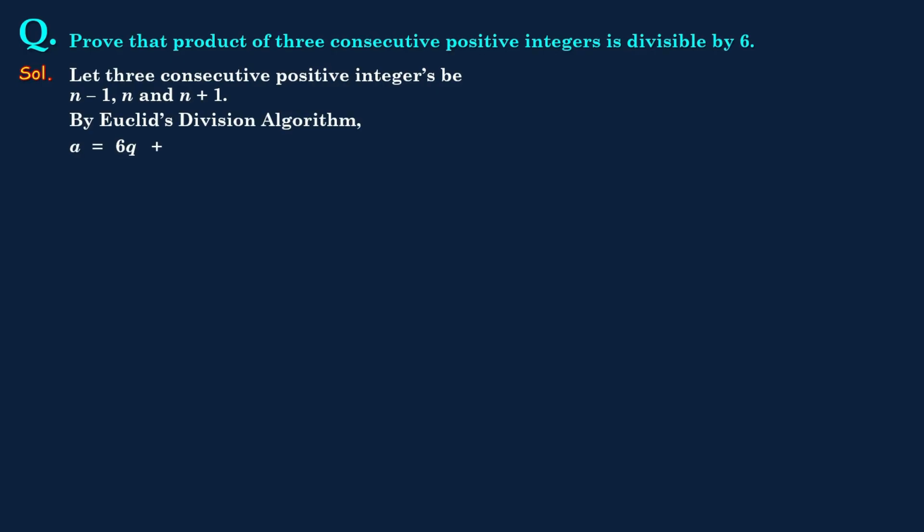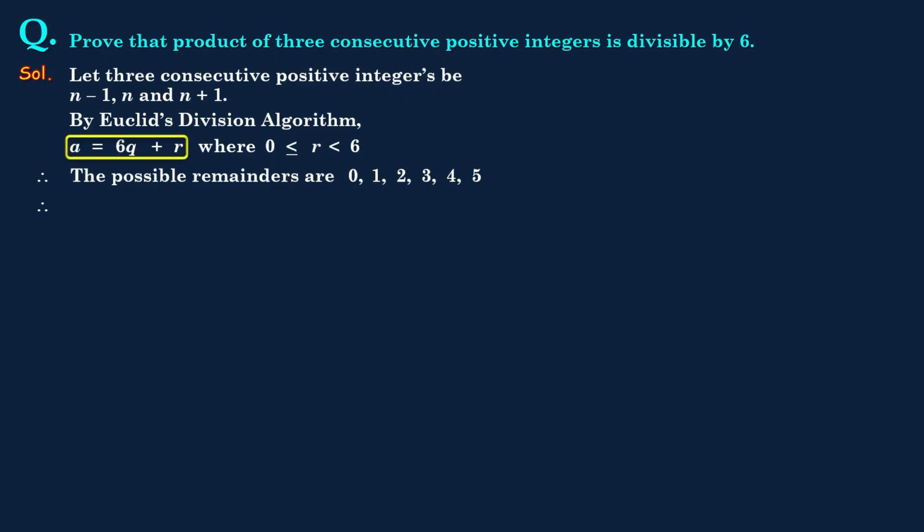Now by Euclid's division algorithm, we know that here we have to prove divisibility by 6, so we are considering the divisor as 6. So a equal to 6q plus r, where 0 less than or equal to r less than 6. The possible remainders are 0, 1, 2, 3, 4 and 5.